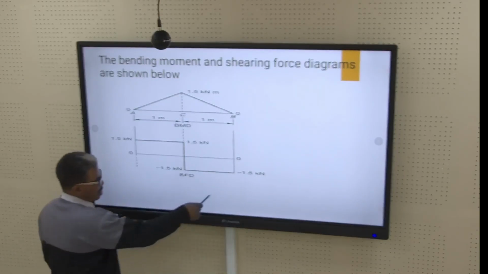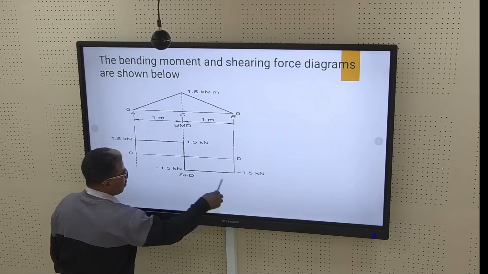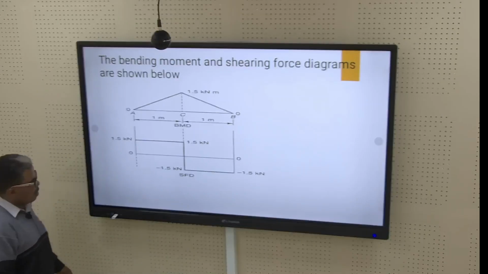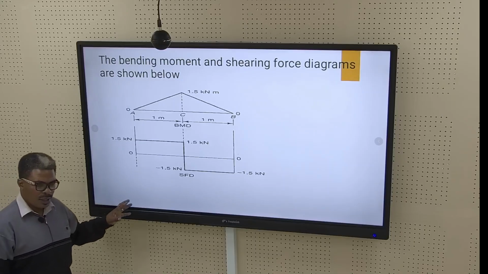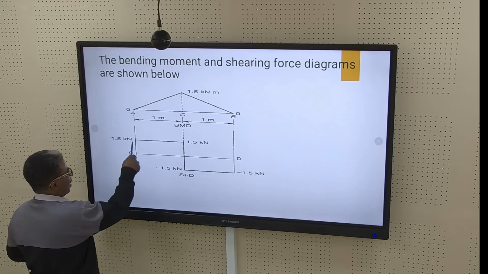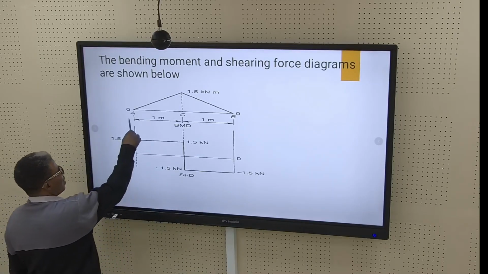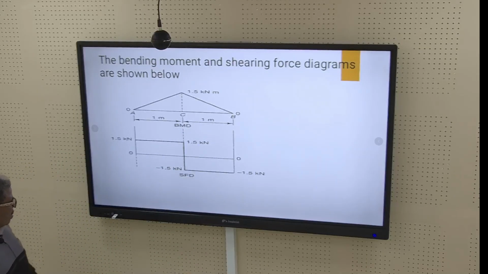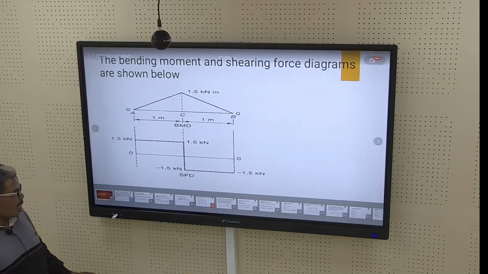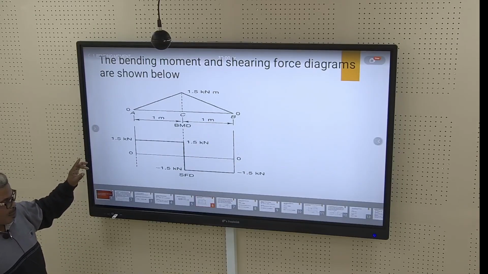If it was a number line, you could see this is negative 1.5 because it is beyond the origin. That's how we say the expression here is a straight line, also here is a straight line, and from A to C is a straight line. That is the diagram for the bending moment of a simply supported beam with a load at the center.